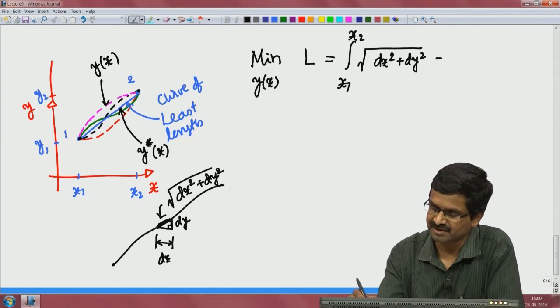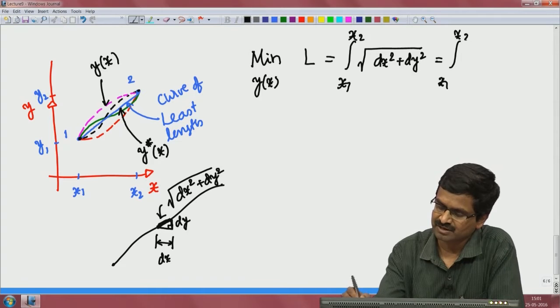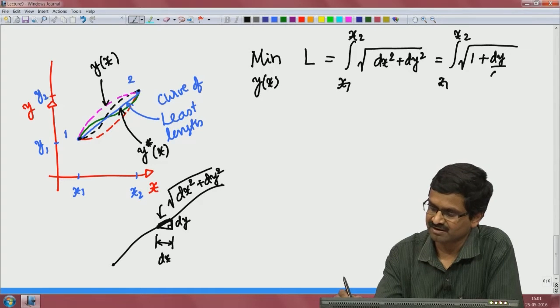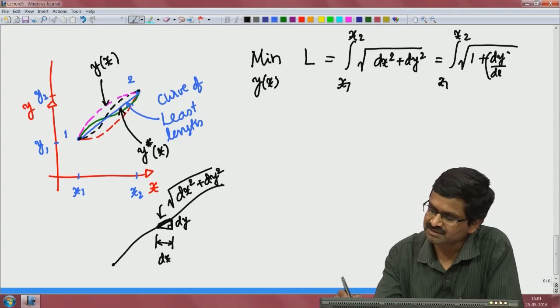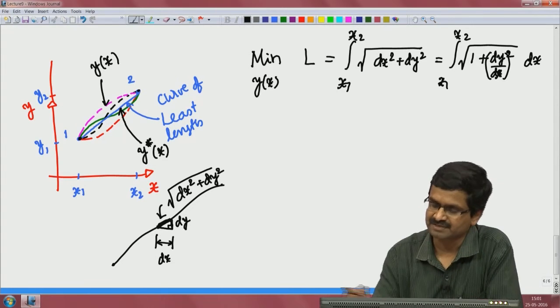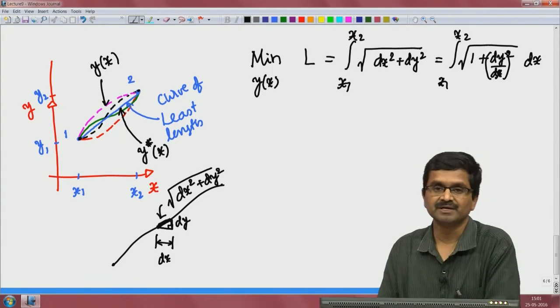When I take it out, what I get is the integral from x1 to x2 of the square root of 1 plus dy by dx whole square, dx. I have taken out dx. We got a proper looking integral.